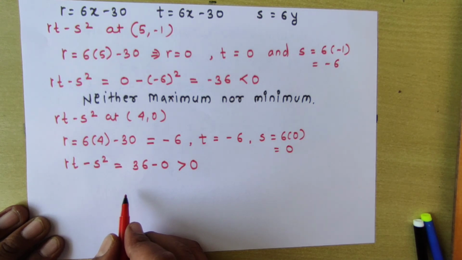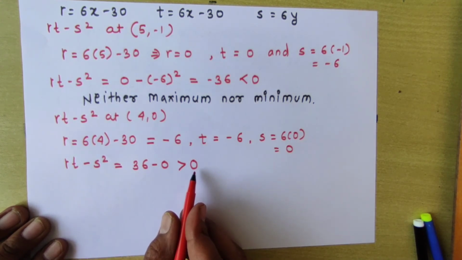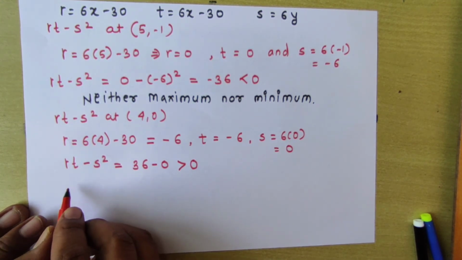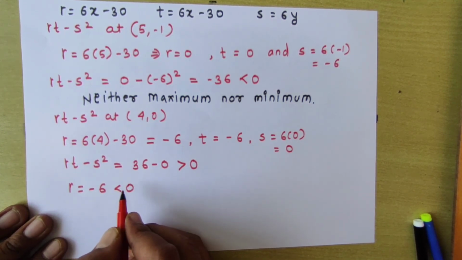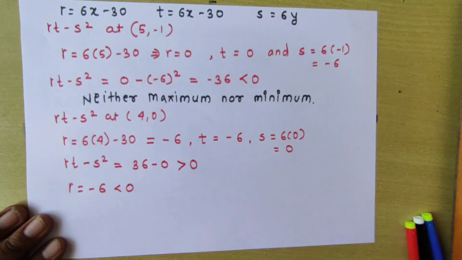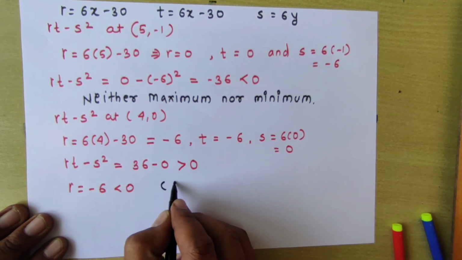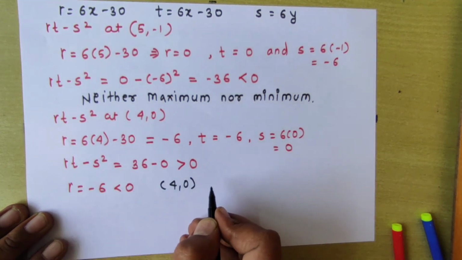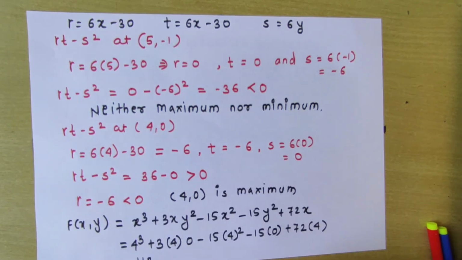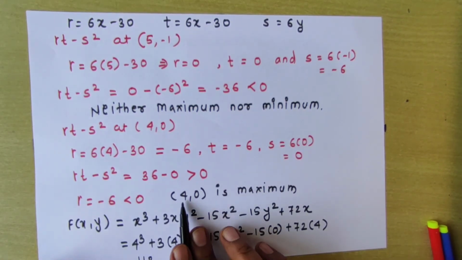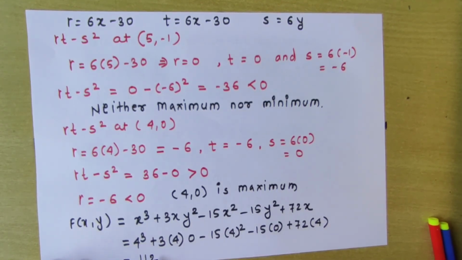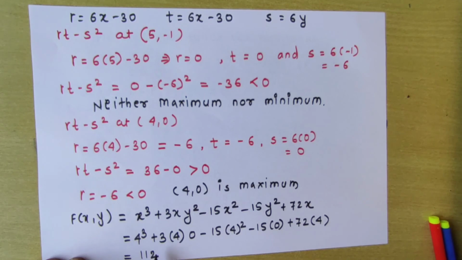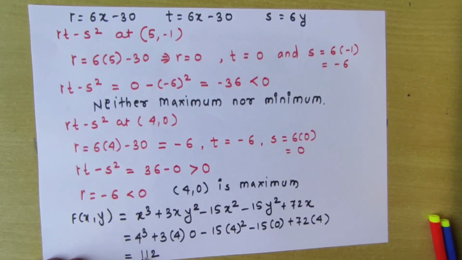Now whenever there is a positive value for rt - s², we need to check the value of r. The value of r is -6, which is negative. Therefore, the point (4, 0) is maximum. By substituting the value of (4, 0) into the given function, we get the corresponding maximum value, that is f is a maximum with the value 112.